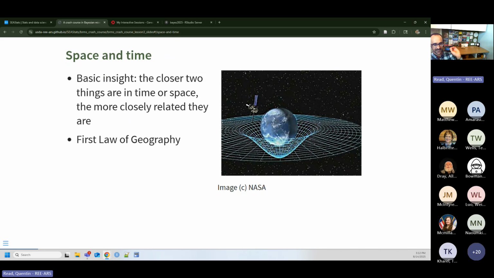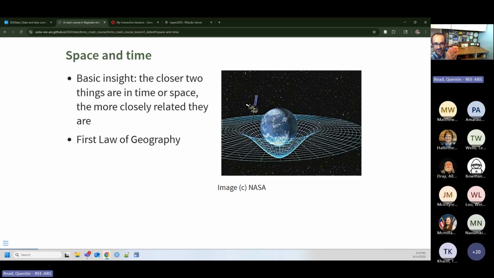The basic insight you need to understand how these space and time models work is that the closer together any two things are in space or time, or the space-time continuum, if you want to be nerdy about it, the more likely they are to be similar, the more closely related they are. That's talking about it in a spatial context. They call that the first law of geography.